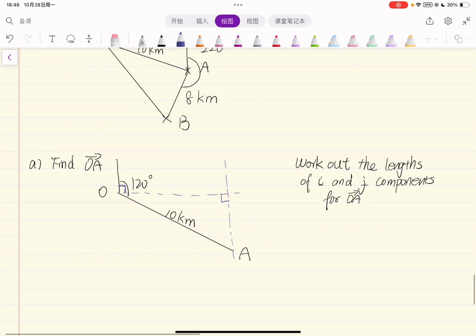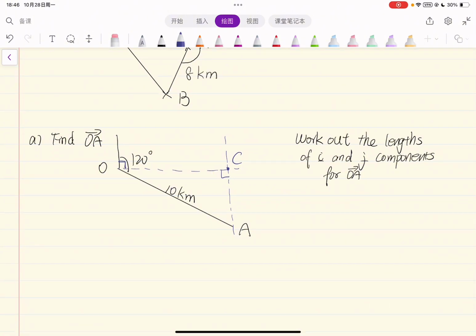Let us see, this is point C. Then we have that the angle COA equals 120 degrees minus 90 degrees, which equals 30 degrees. So here is 30 degrees. In this case, we have OC equals 10 times cosine 30 degrees. And AC equals 10 times sine 30 degrees.